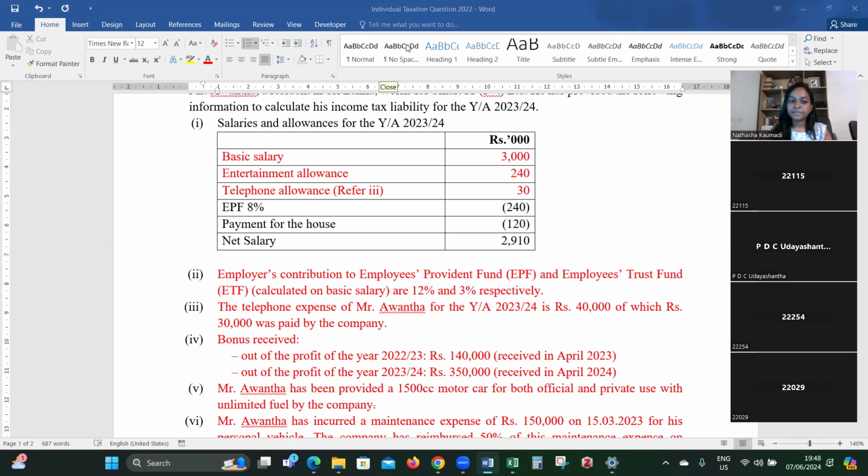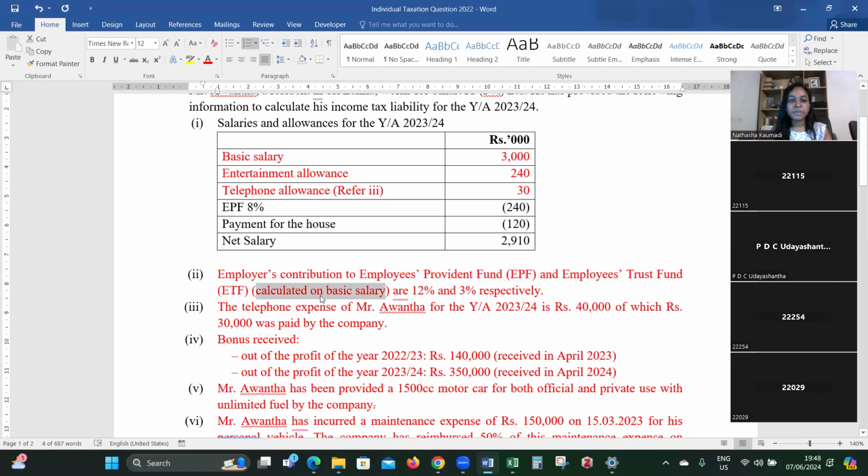Yes, correct. Usually, remember, we have to take salary for EPF. Salary used for EPF calculation. Now, here, in this point, it says EPF and ETF calculated on which base, which salary base? On basic salary, right?